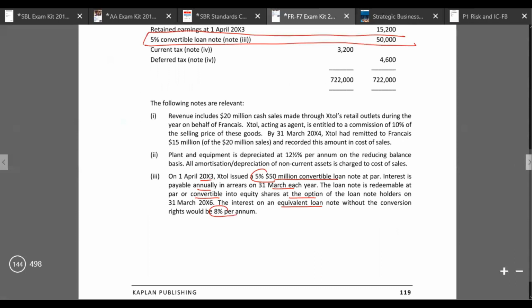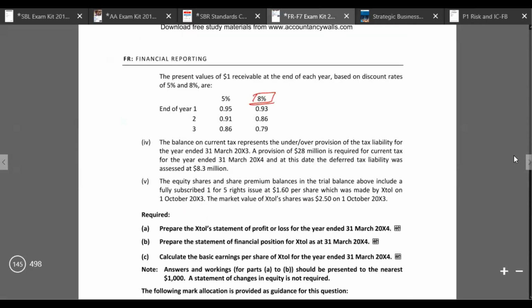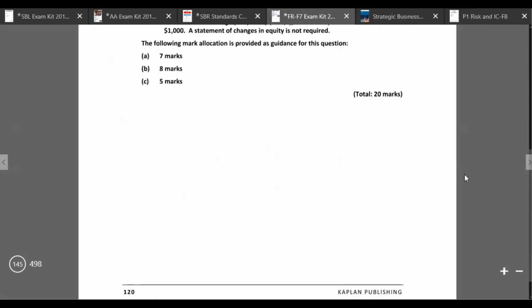And 50,000 into 5% is, so 1, 2, 3. So 50,000 into 5% interest every year. It gives you 2,500. So in year 1, there will be 2,500 interest.